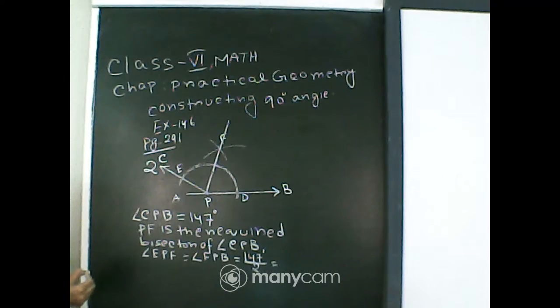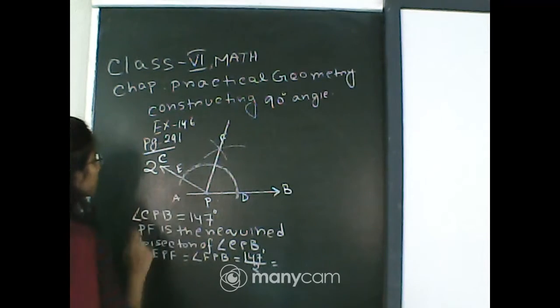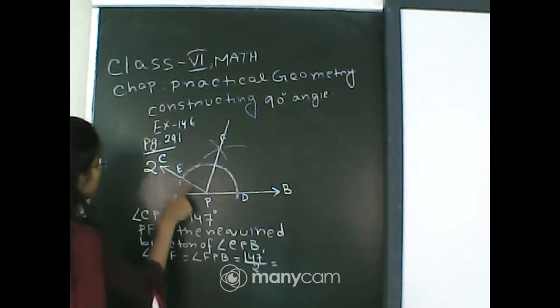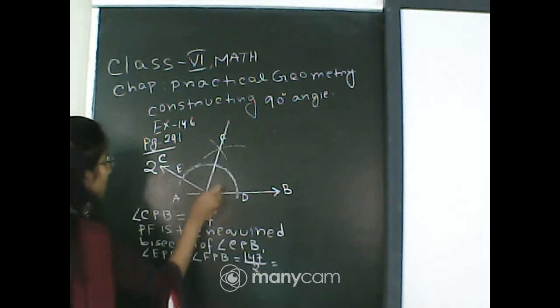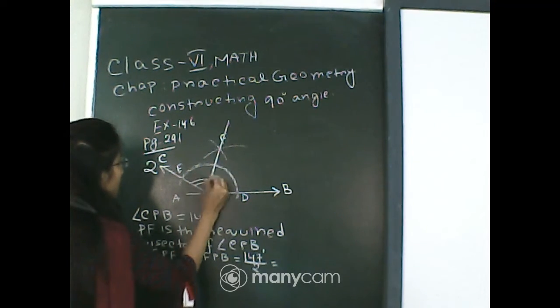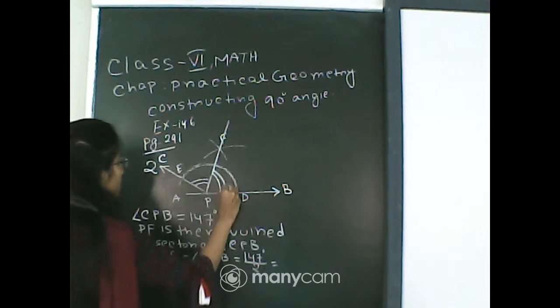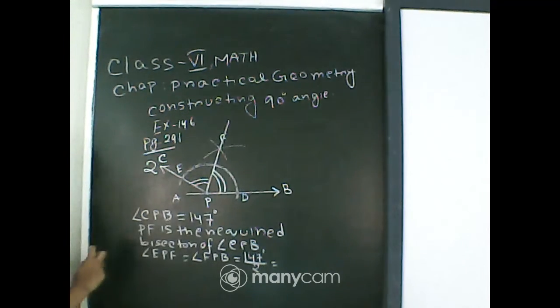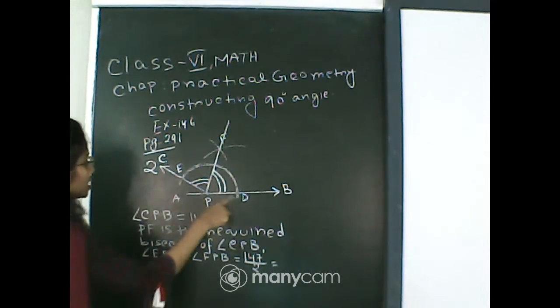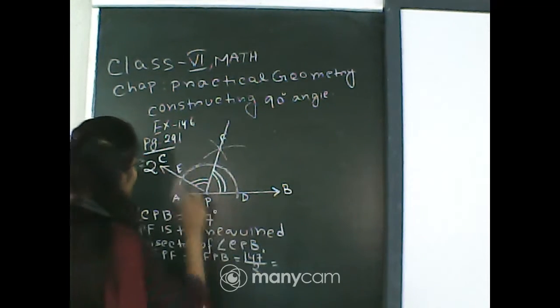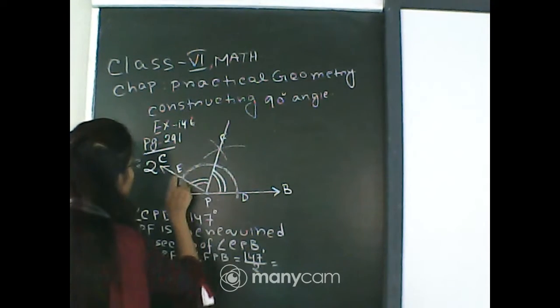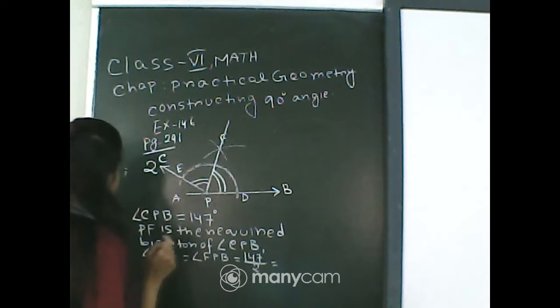Since PF is the bisector of angle CPB or angle EPD, therefore angle EPF is equal to angle FPD. These two angles are same because PF is the bisector of angle EPD. Angle CPB and angle EPD is same.